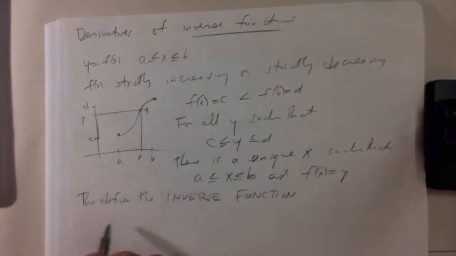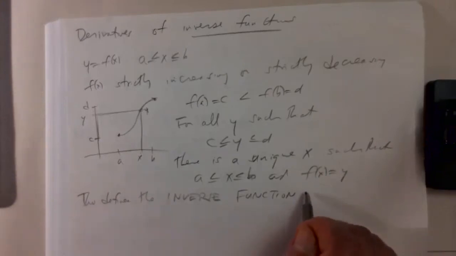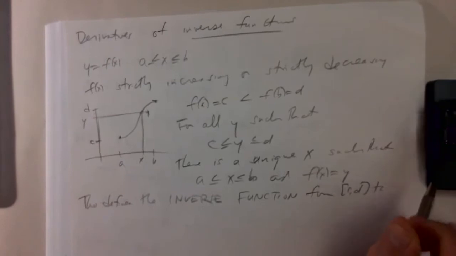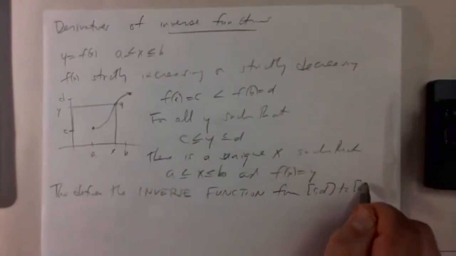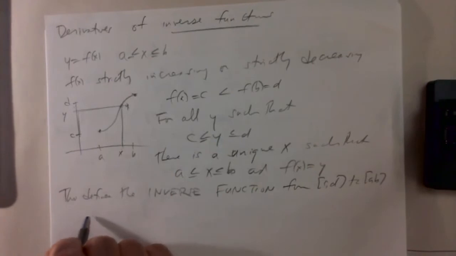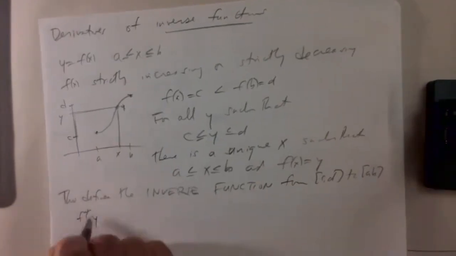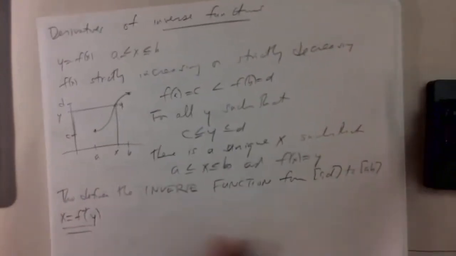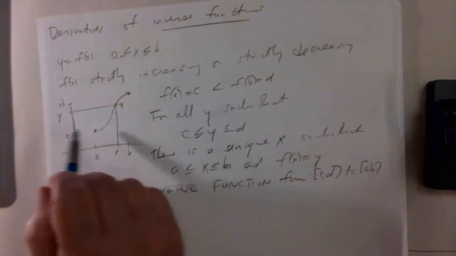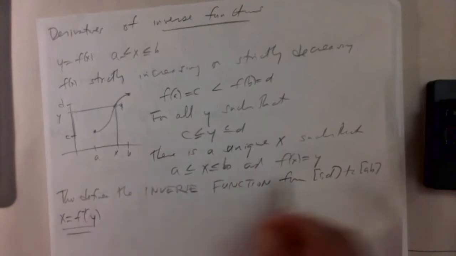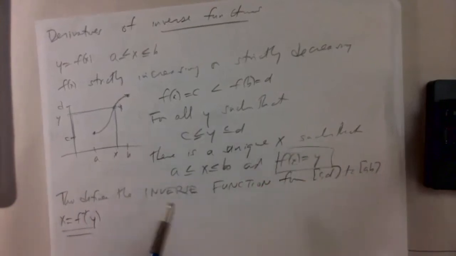Let's say the inverse function from the interval from c to d to the interval from a to b. So for every y, f inverse of y is some number x. So this is defined by, for every y, you get an x, and the x is the x such that f of x is equal to y.